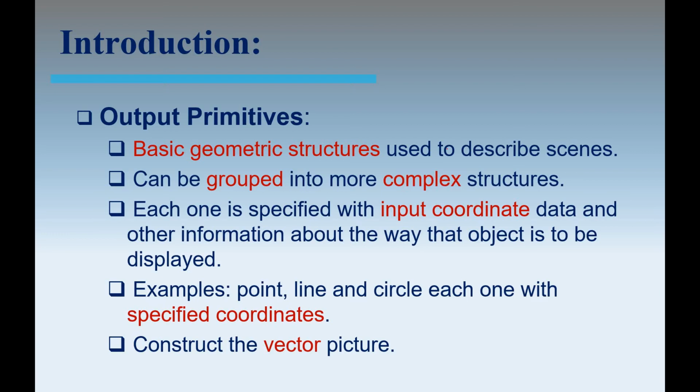These construct the vector picture. Okay, these are the output primitives. So in the output primitives, we need to draw a particular point. We need to draw a line, a curve, a circle, an ellipse, and so on. So in this unit we will try to understand how these points, lines, curves, circles, or ellipses are drawn.